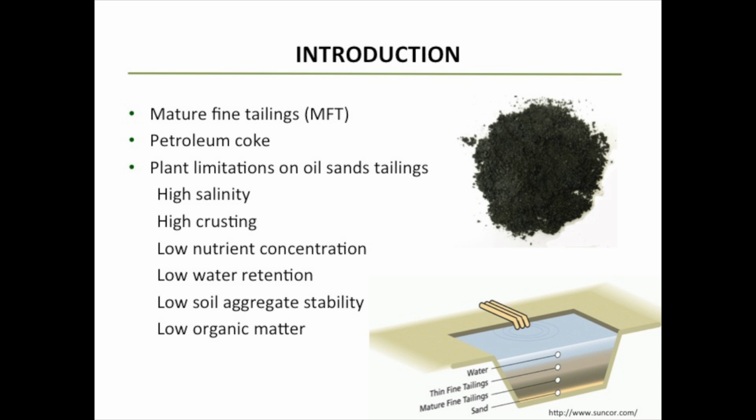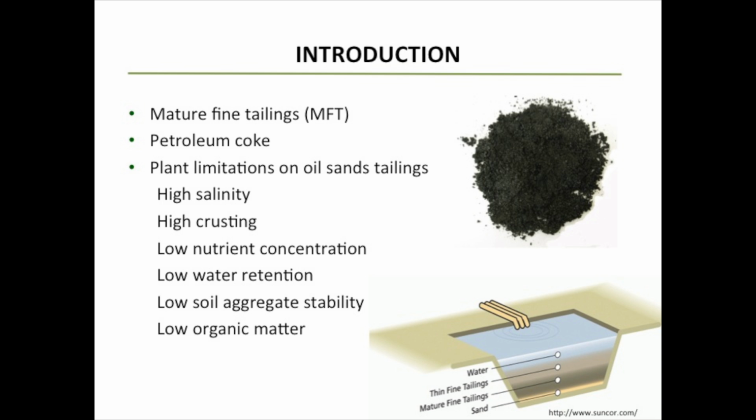In the picture we can see that mature fine tailings are deposited in tailings ponds. Here we have the tailings pond. At the top layer we have the water, then the thin fine tailings, and then the mature fine tailings.